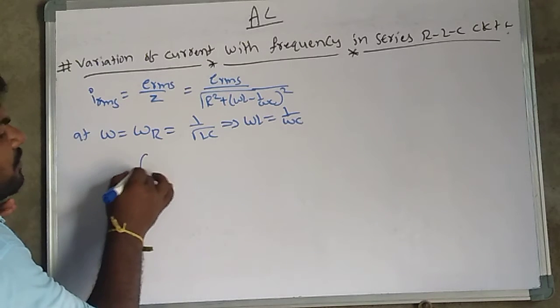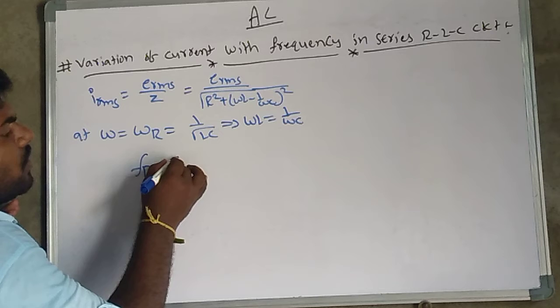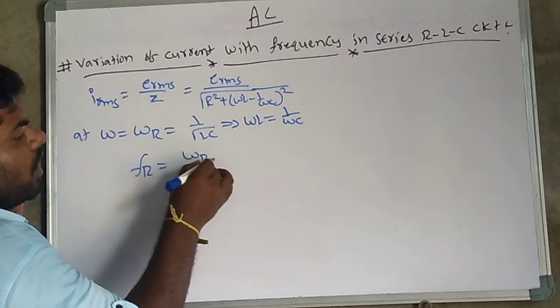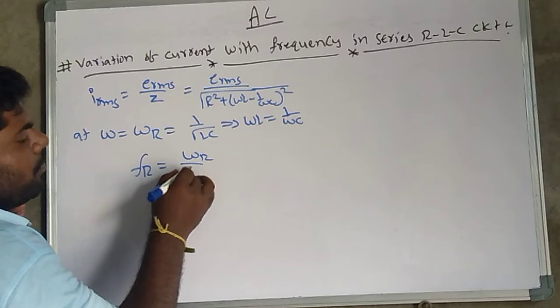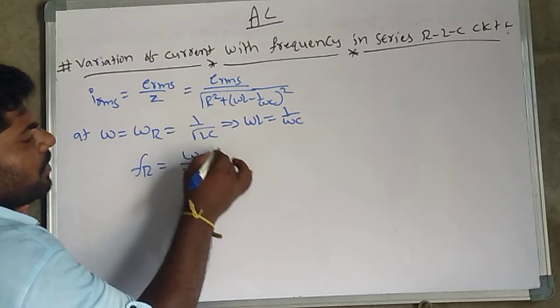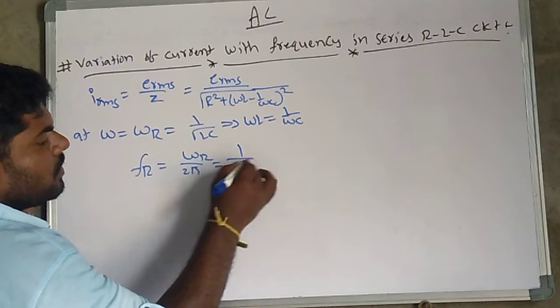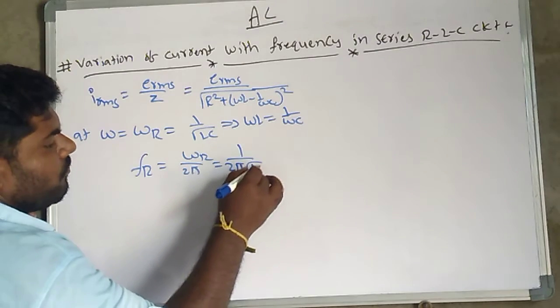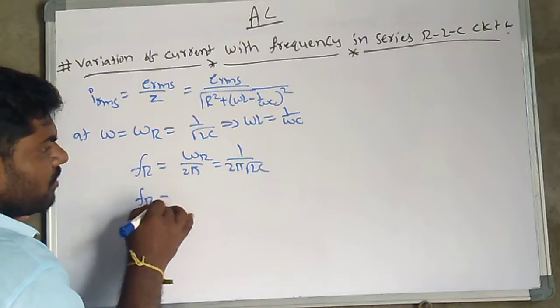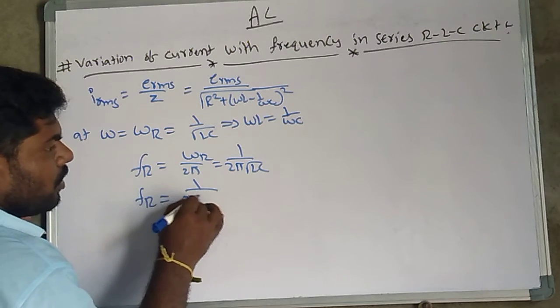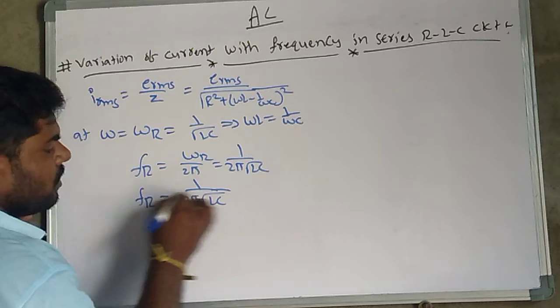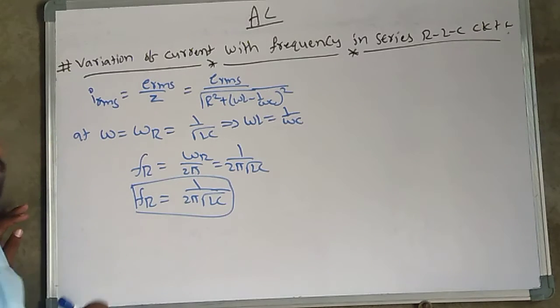The resonance frequency f_R is omega_R divided by 2 pi, which is 1 by 2 pi root of LC. This is the resonance frequency formula.